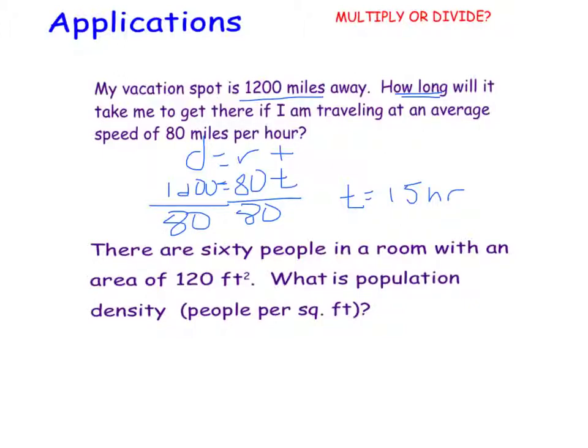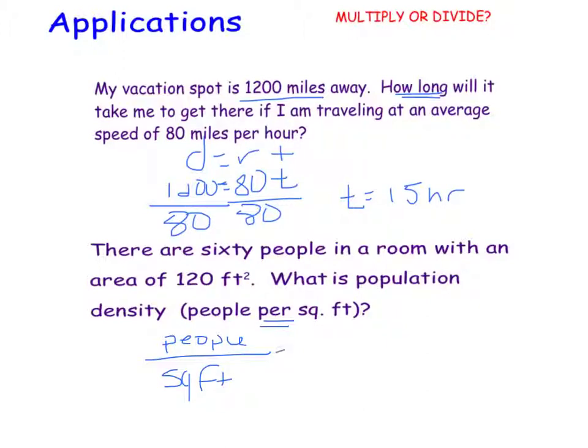All right, next example. There are 60 people in a room with an area of 120 feet squared. What is the population density? And then it gives you a hint right here, people per square feet. So again, if this was in scientific notation, if we had tons and tons of people in a very large area, this would be difficult. But this really gives us a clue. We're talking people per square feet.